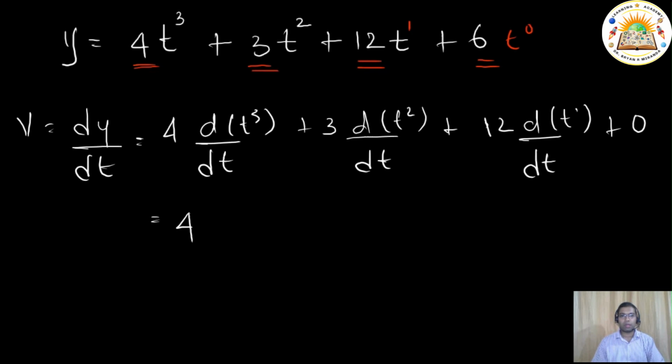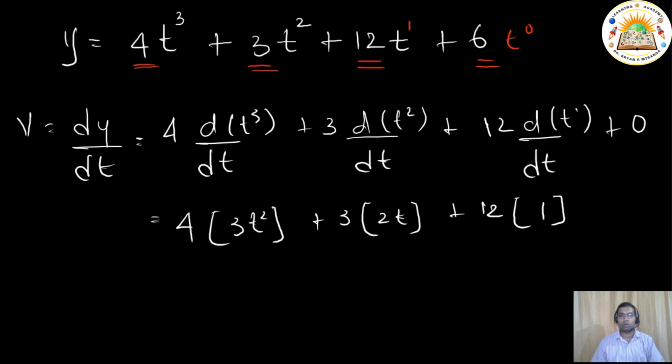Now substituting, I will get 4 into 3t square plus 3 into 2t plus 12 into 1 plus 0. So our expression now will be 12t square plus 6t plus 12. What have I done? I have reduced the cubic equation, which was third order in terms of displacement y, down to a second order or quadratic equation.